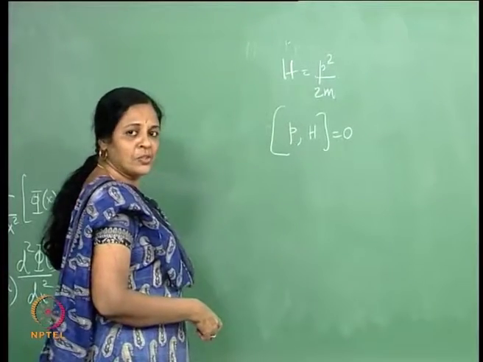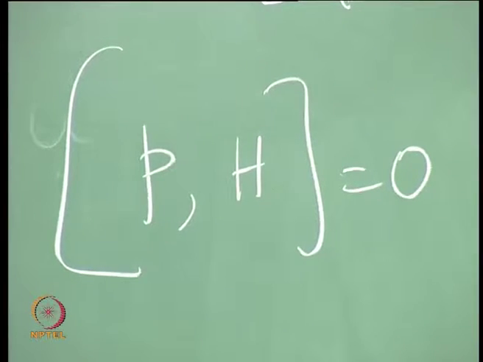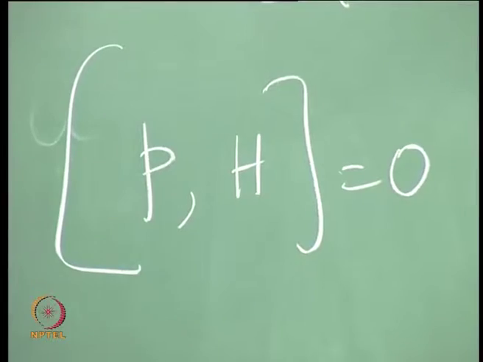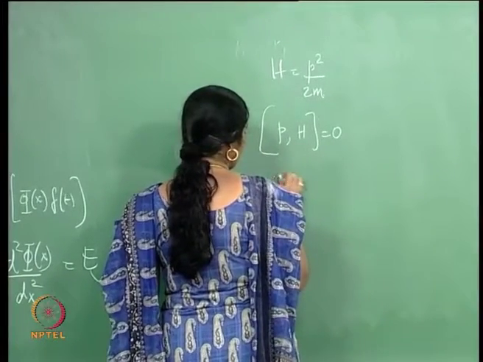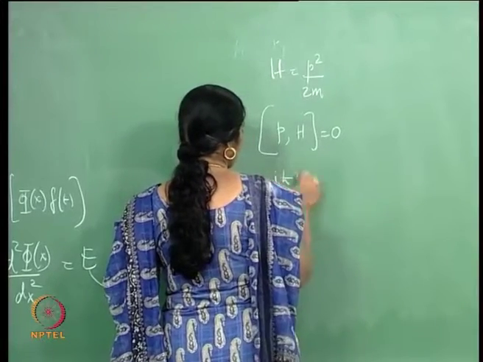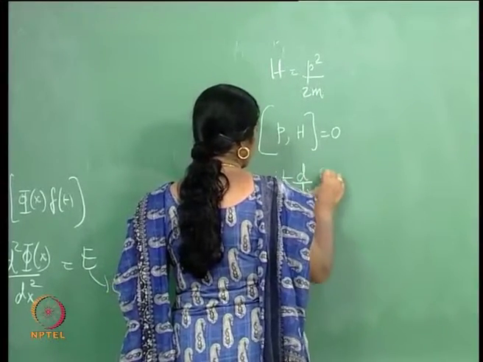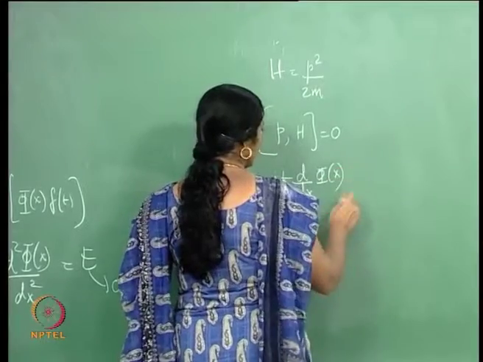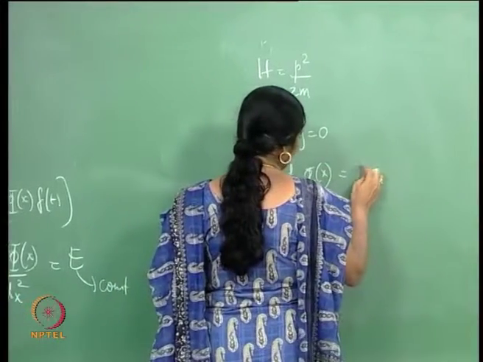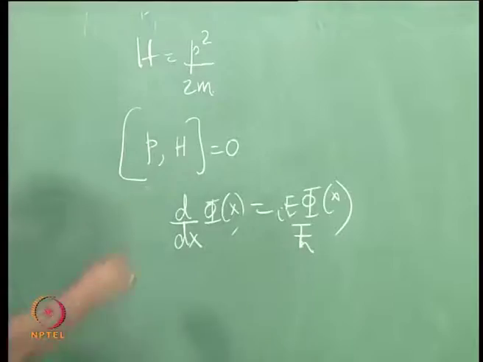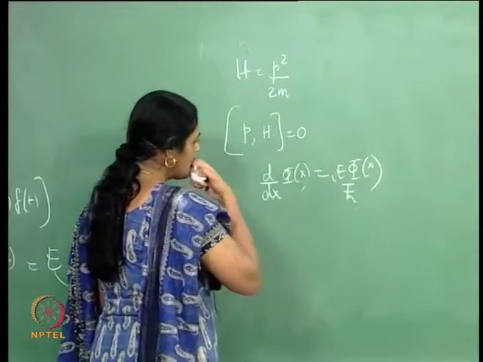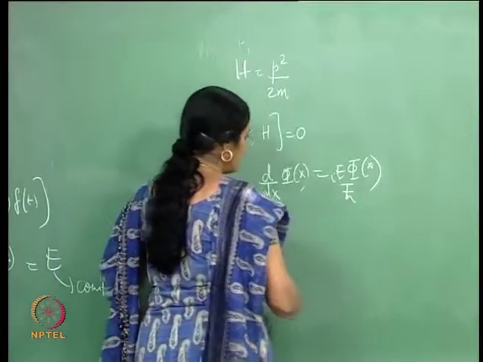So, it should be possible to find eigenstates of P and the Hamiltonian. I have in the position representation, minus i h cross d by dx, phi of x is equal to some p phi of x. We can well find the solution to this phi of x.